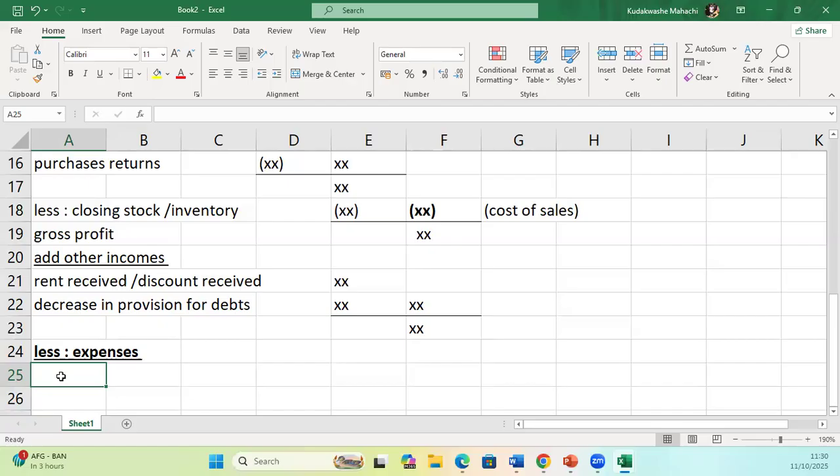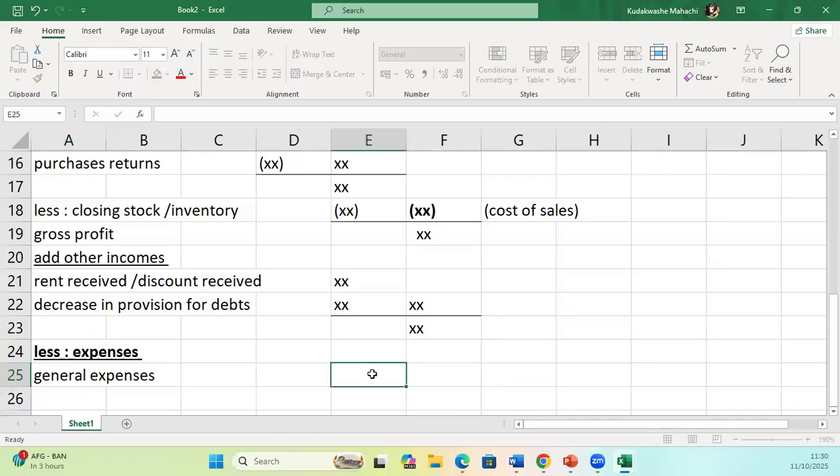Okay, so on the list of expenses, you can start with the general expenses. I'll just summarize some of them.